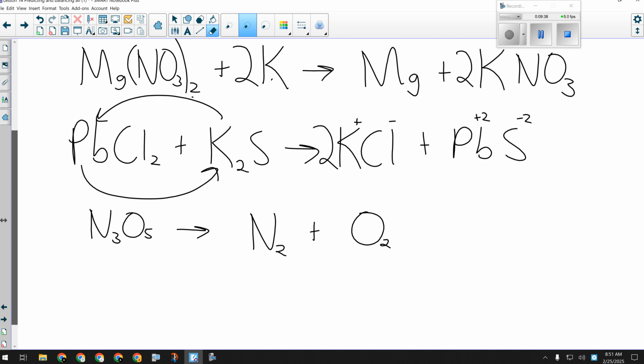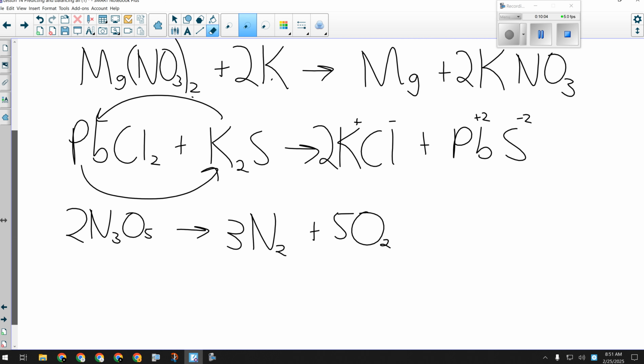What's the lowest common multiple of 5 and 2? 10. So I would need to put a 5 here to get 10, and a 2 there. Now my oxygens are balanced. How many nitrogen do I have? 6, so what needs to go here? And I'm done.